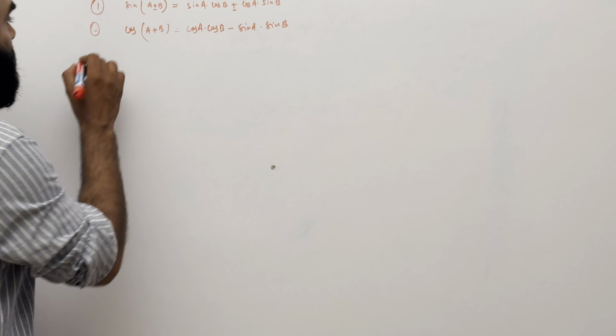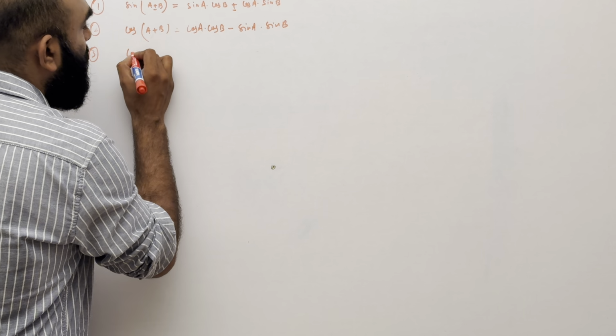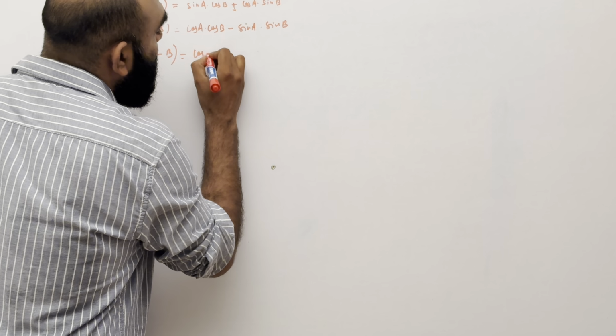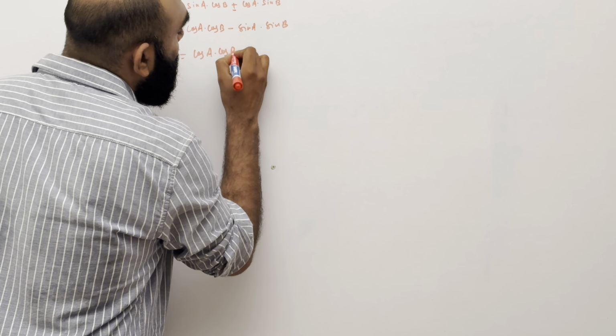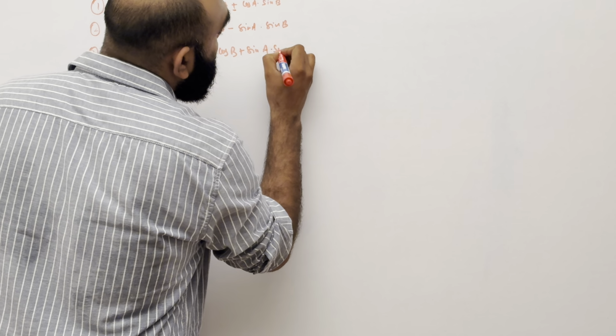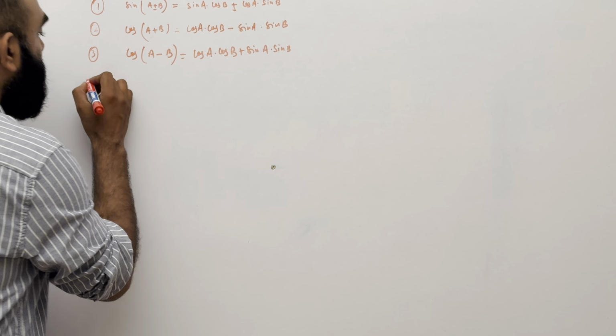Third one, cos of a minus b: again cos a cos b, minus here plus will come, plus sine a sine b.